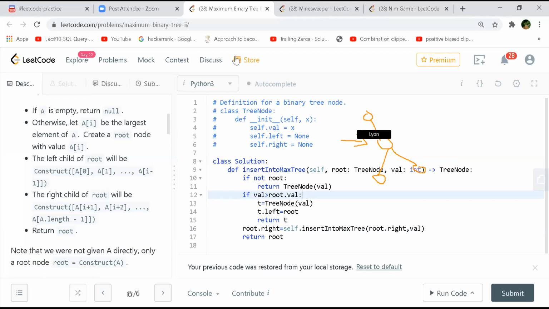Then it is going to go to line 12, right? The value is greater than root.val, so it will go to the right. And so you are saying the value you are going to insert, the whole of this subtree, will move to the left side of that node.